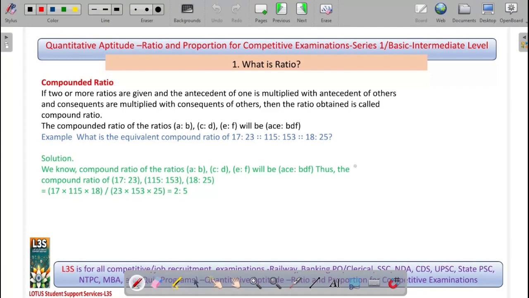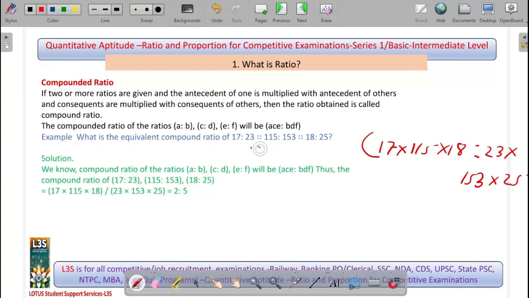Say one example: 17 is to 23, 115 is to 153, and 18 is to 25. The antecedents are 17, 115, and 18, so we can write 17 into 115 into 18 is to the consequents, 23 into 153 into 25.